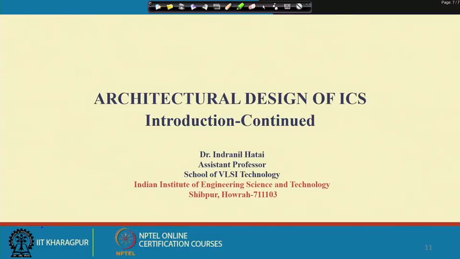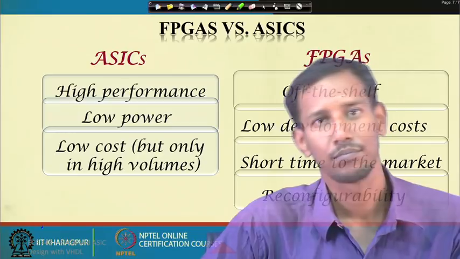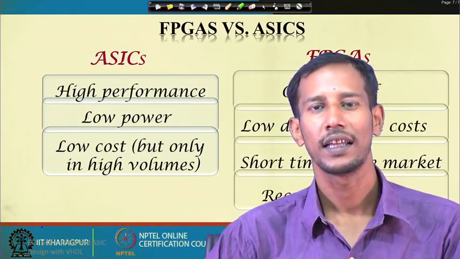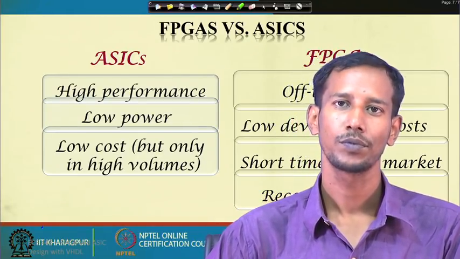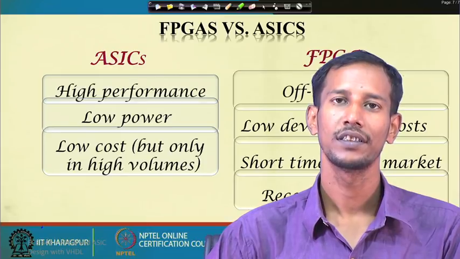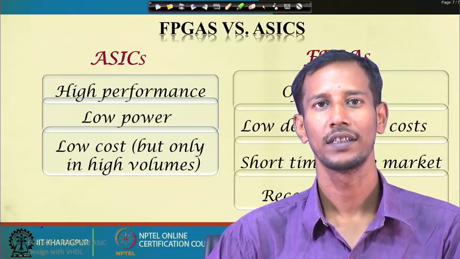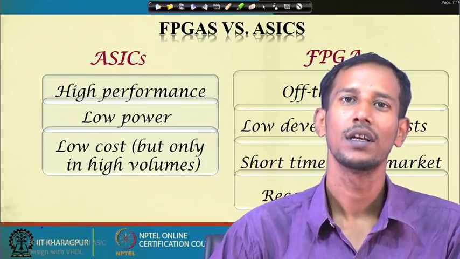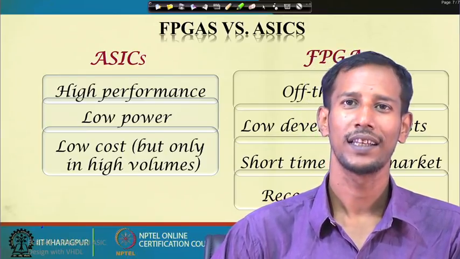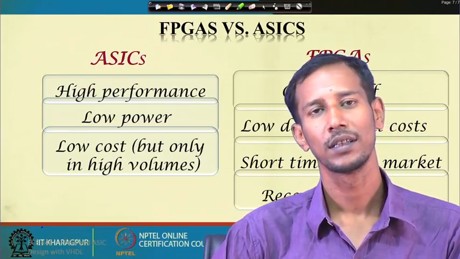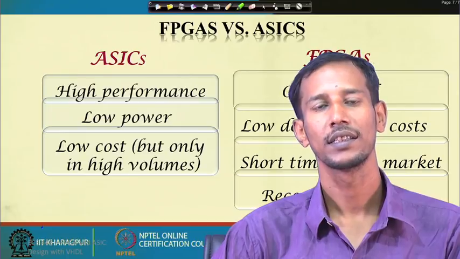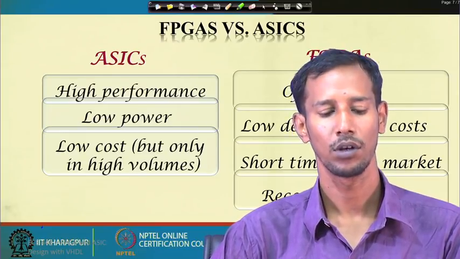In the previous lecture I discussed different design styles of VLSI design, or how to build one integrated circuit. At that time I said there are semi custom design, full custom design, system on chip and programmable logic device.